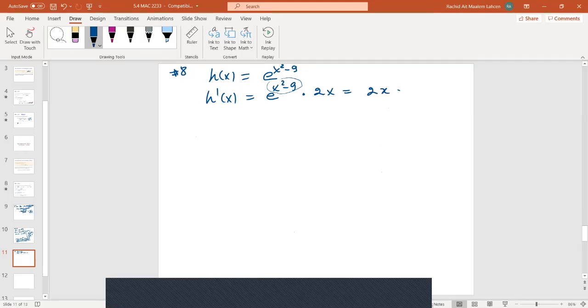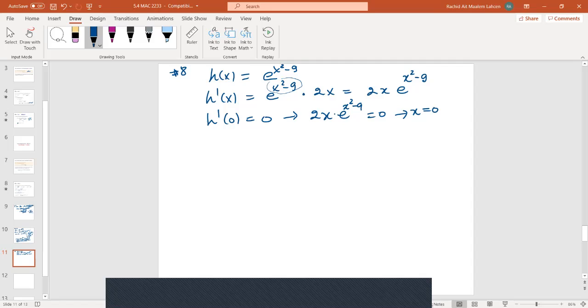So 2x times e to the (x squared minus 9). Now, when does this derivative equal 0? We want to investigate. For practice, you see the 2 cannot be 0. And e is like a number 2.7, to some power; it's not going to be 0. It's either going to be a fraction, or even if x squared minus 9 equals 0, it's going to be 1. So the derivative is 0 when x equals 0.